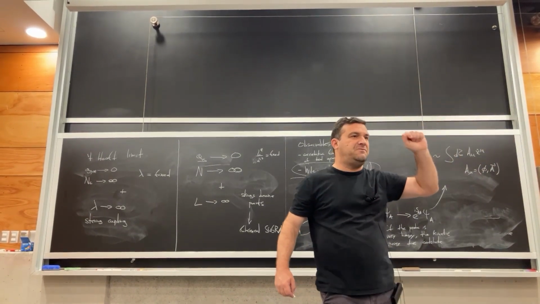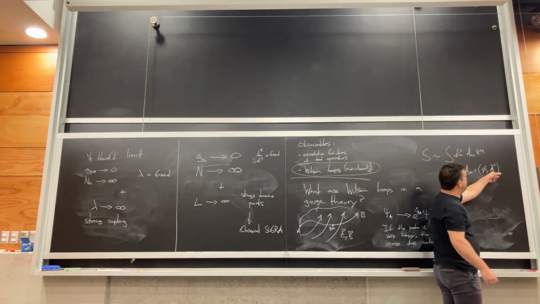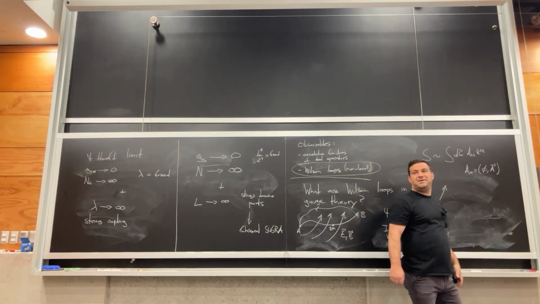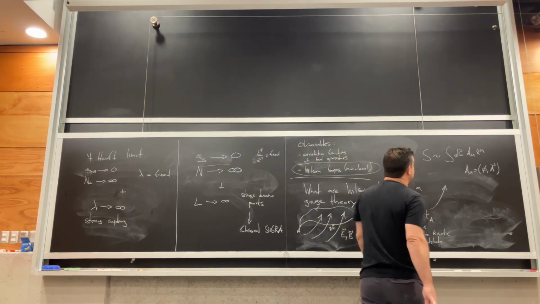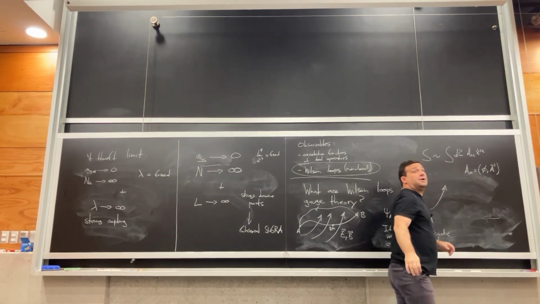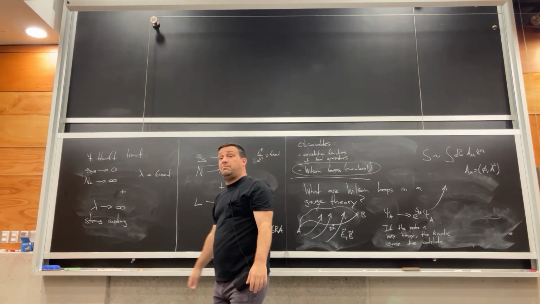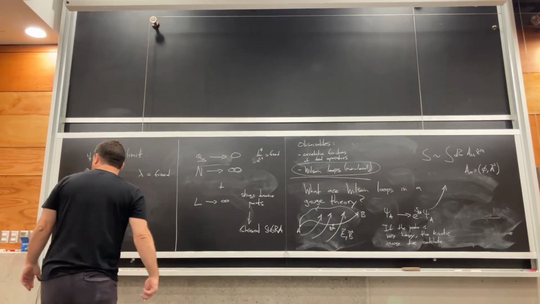Gives you the v cross B term, right? Because remember that B is the curl of A, so there'll be some cross product appearing there. So the point I'm saying is that this is what captures the potential energy of the probe particle. And that's exactly how we define the Wilson loop.